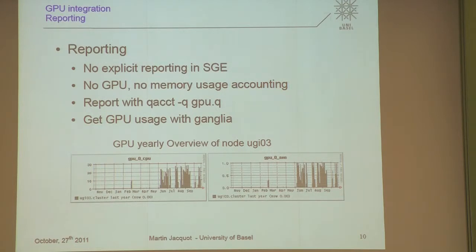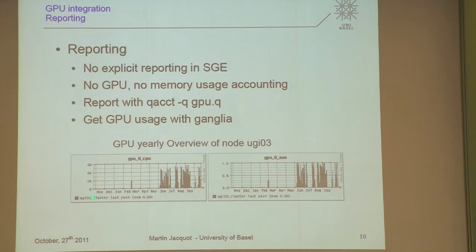The only thing that we have for the moment is that we can see how many jobs were running on these queues, by selecting the jobs that ran on them. And the other possibility that we use for the moment to get the usage is that we go directly into Ganglia to see what's going on over the last month.